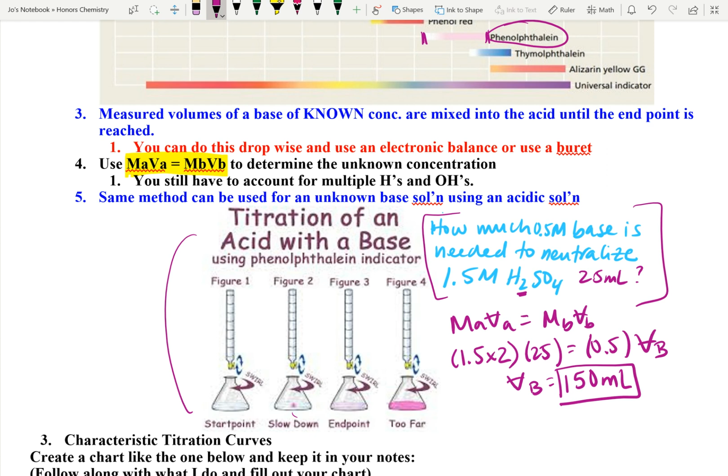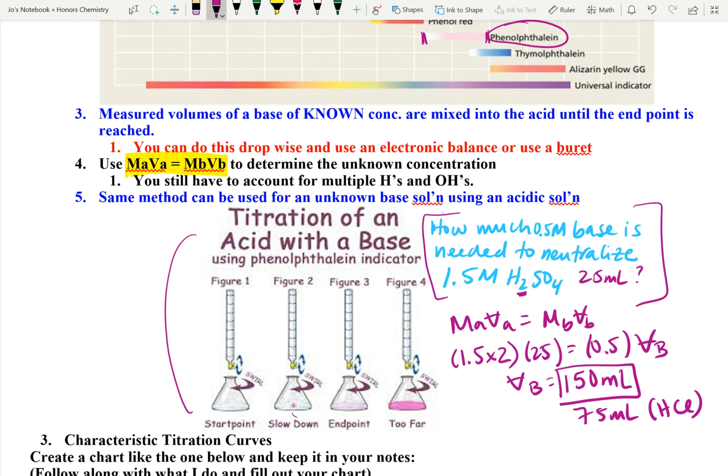So if there's no 2 here, and let's say this was HCl, your amount would be half this, of 75 milliliters. And that is if it was, let's say, HCl instead of H2SO4. So we could do the same thing on the base side. If there's more than one hydroxide, we could do the same thing. Almost always we're using sodium hydroxide for our titration problems, but you never know.